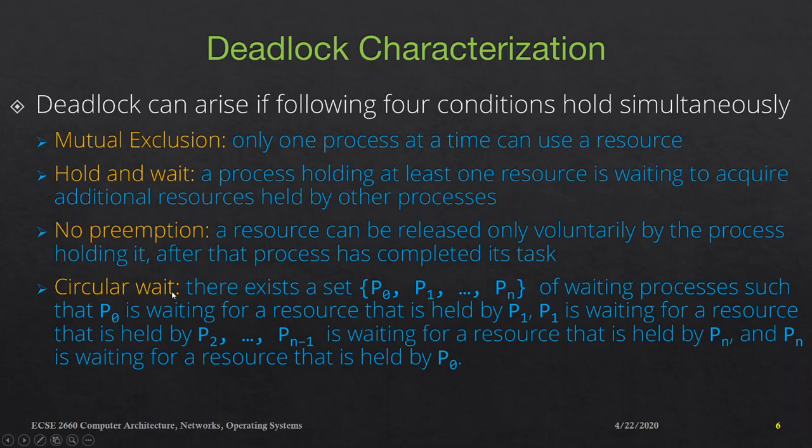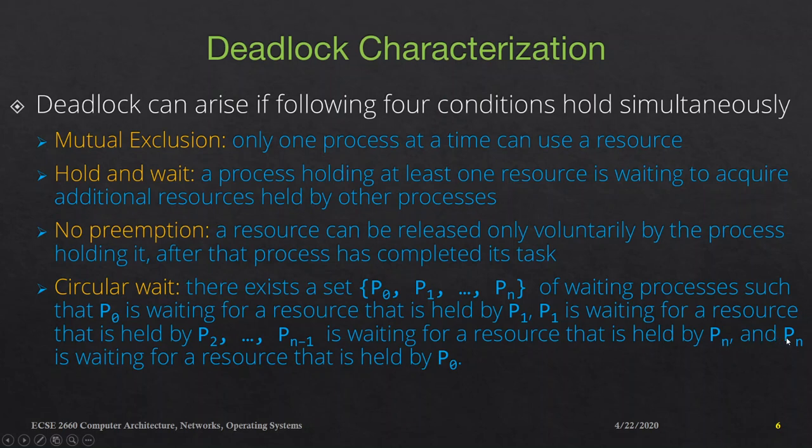What is a circular wait? Well, there exists a set of waiting processes P0, P1, P2, and so on up to Pn, such that process P0 is waiting for a resource that is held by P1, P1 is waiting for a resource that is held by P2, and so on until Pn-1, the n-1th process, is waiting for a resource that is held by Pn, the last process.